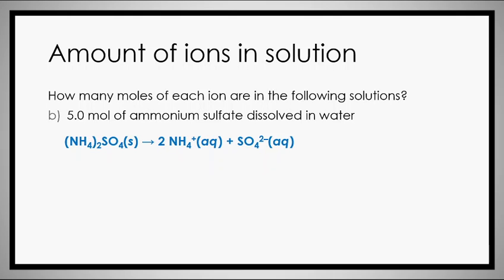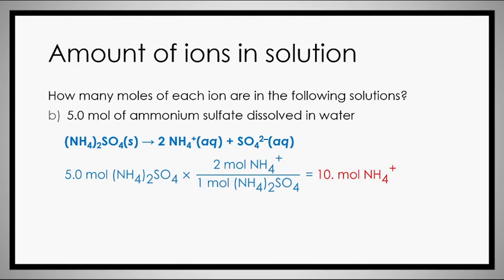If we start off with 5 moles of ammonium sulfate, we want to convert it into moles of ammonium by using the balanced chemical equation, or the relationship of 1 mole to 2 moles. So we have 5 moles of ammonium sulfate. It will, again, dissociate into 10 moles of ammonium.